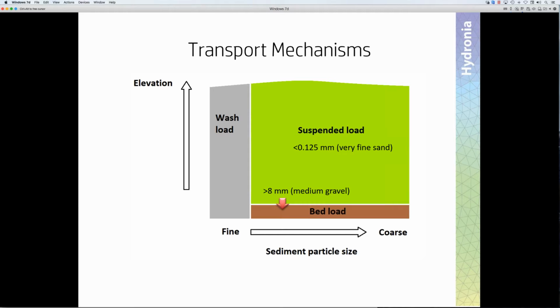It's all being moved by the bed load process. And clay and silt, very fine particles, they move with wash load. And as I said, it's not of concern to us because it plays a very little role in the erosion and deposition processes.